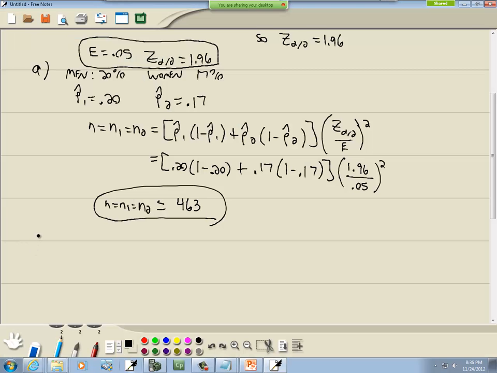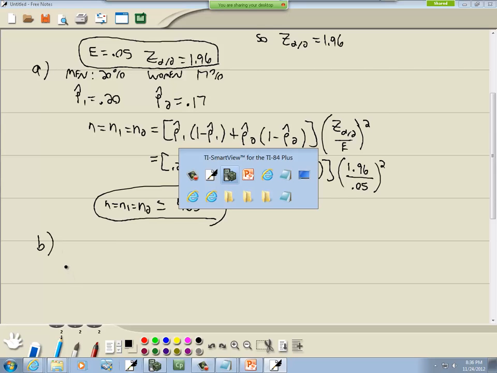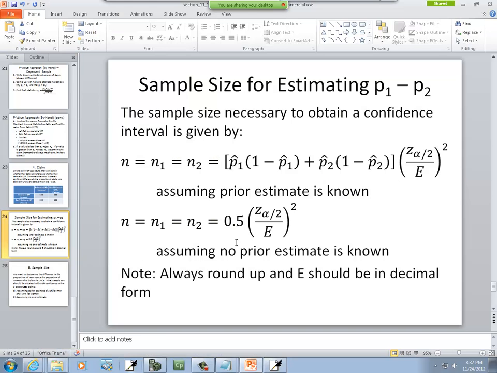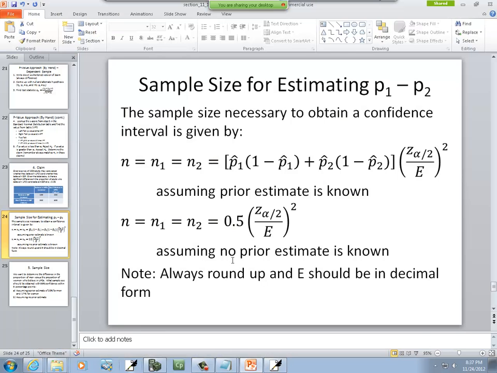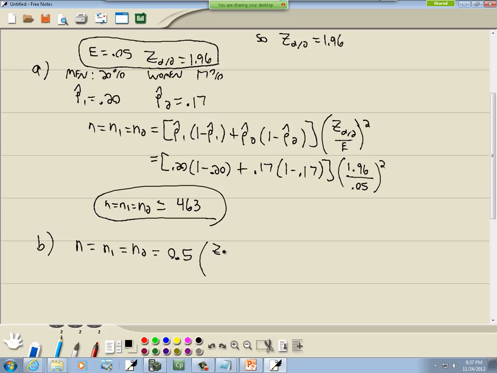Okay. Now B is where you're given no prior estimate. It's our second formula here. So N is equal to N1 is equal to N2 is equal to 0.5 times Z alpha divided by 2 over E squared. So I got 0.5 times 1.96 divided by 0.05 squared.